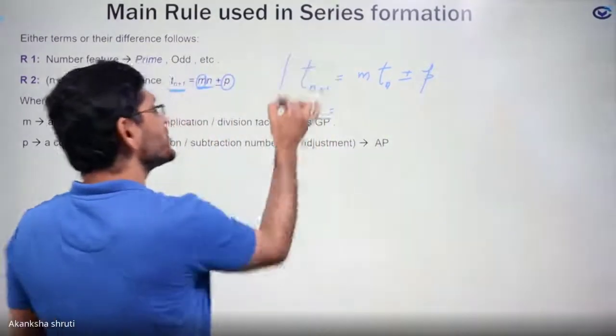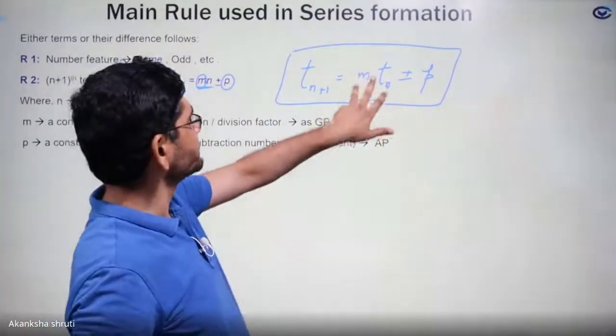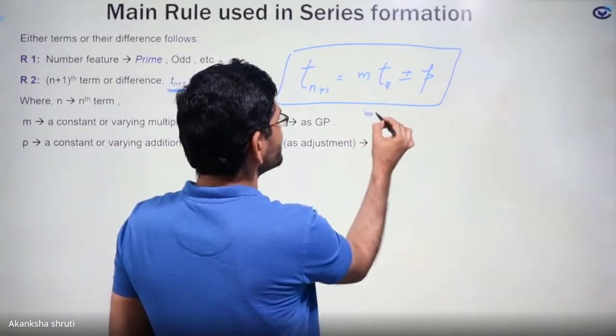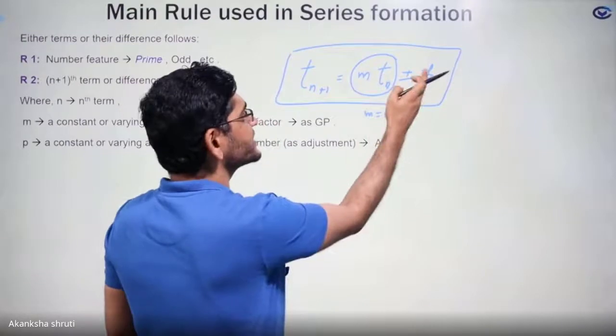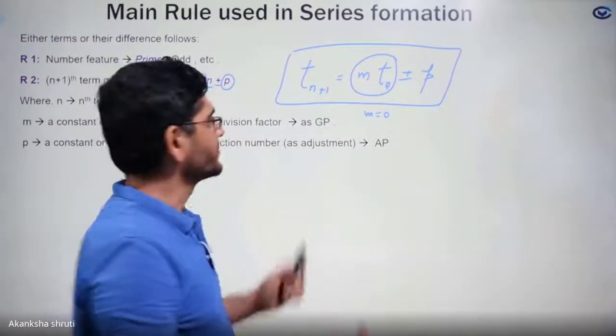Even if you observe carefully, if the m value is 0, then this term becomes 0, so it will be the series of constant addition or subtraction. The first category.